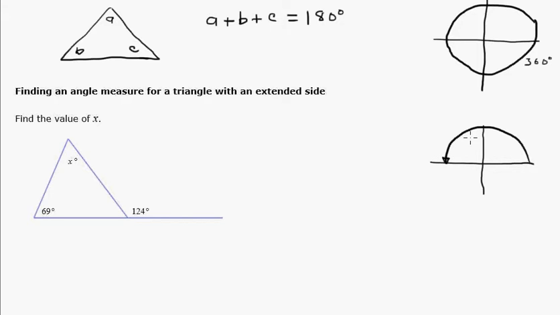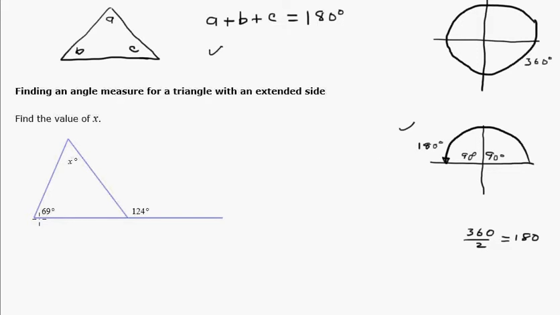Well, then instead of going 360 degrees, we only go halfway. So half of 360, 360 divided by 2 is 180. So this is 180 degrees. One way to check is that 90 plus 90 is 180. Okay? So we're going to use this information and this information and tie them together.